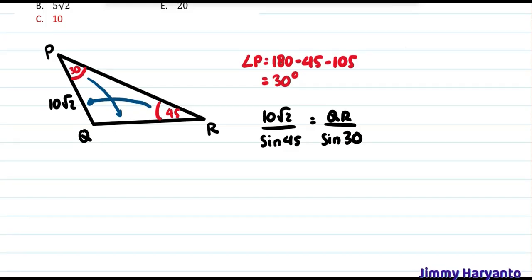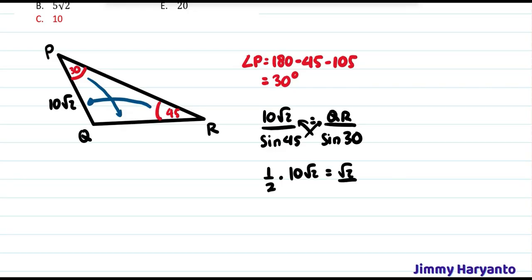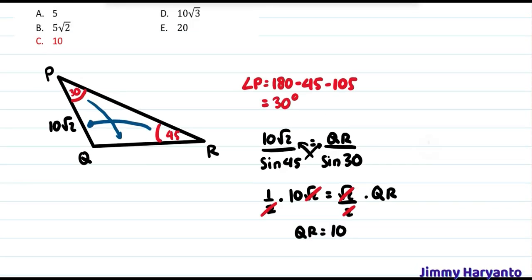Okay, and then I will cross multiply like that. Sine 30 is half times 10 square root of 2 equals sine 45, which is square root of 2 over 2, times QR. And then you can cross out the 2, cross out the square root of 2, you'll have QR equals 10 centimeters. C.